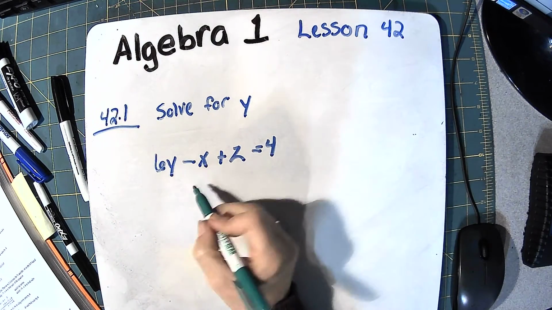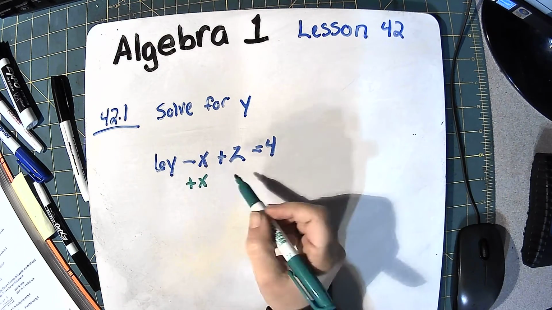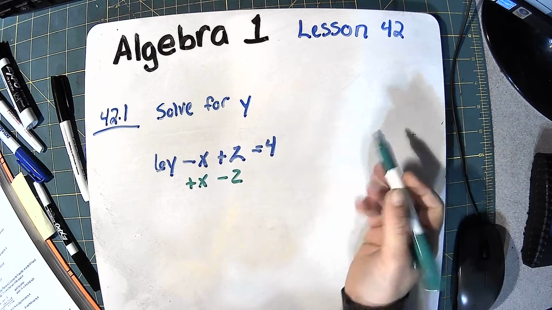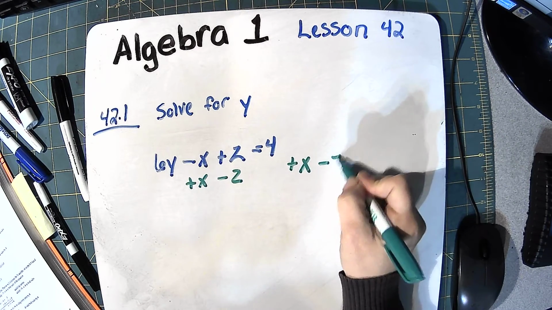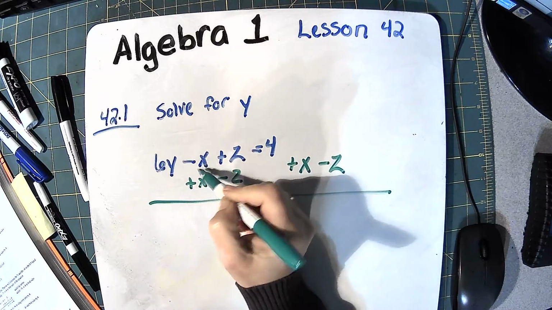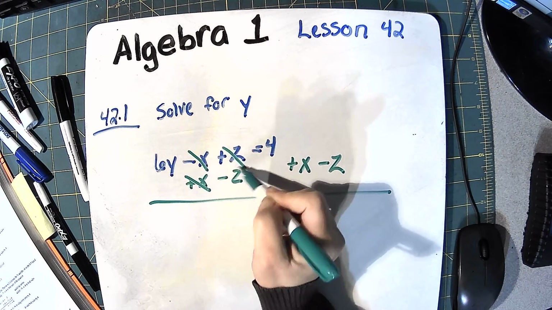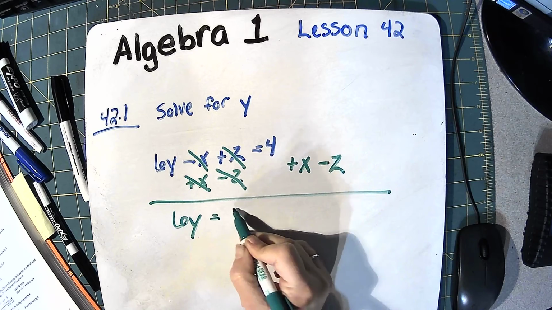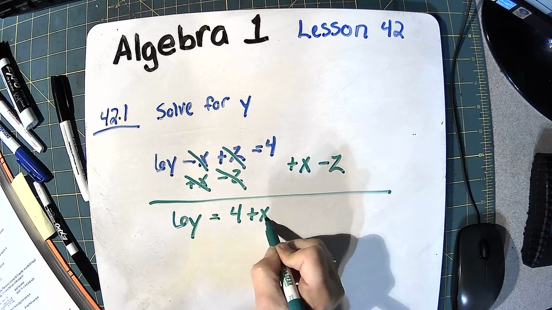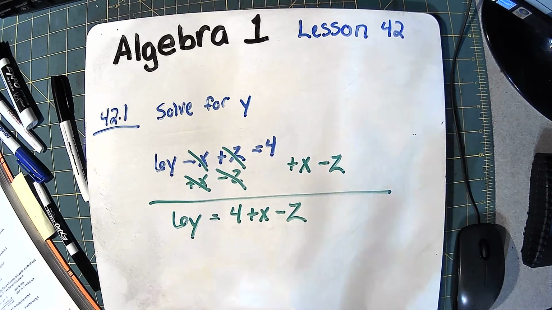So first I've got to get rid of this x, and I've got to get rid of this z. So I'm going to do plus x over here and minus z over here. That's going to cancel these out, and I'm going to have 6y equals 4 plus x minus z.